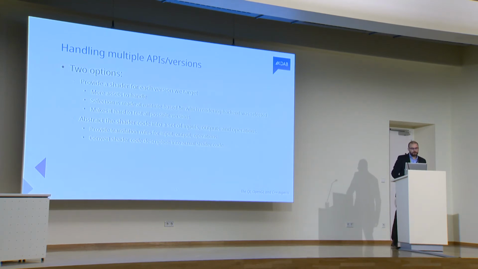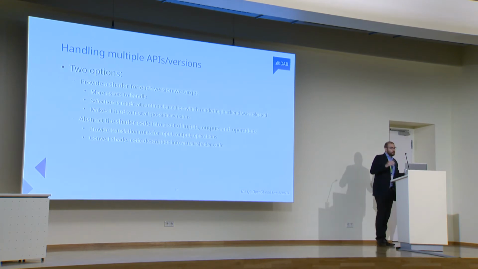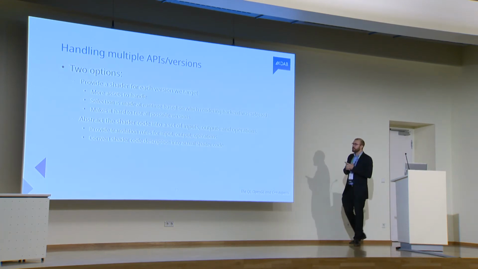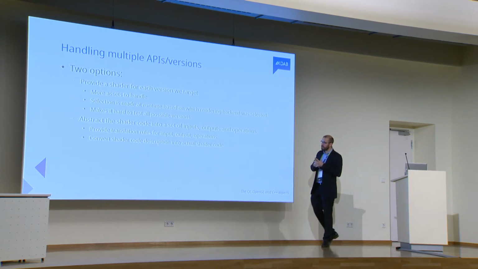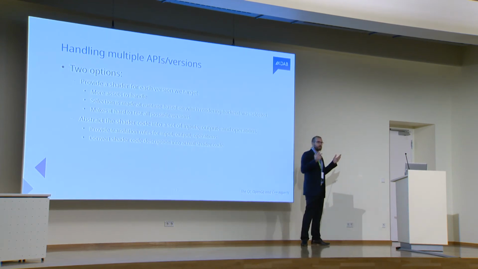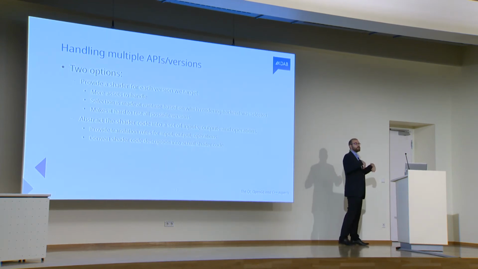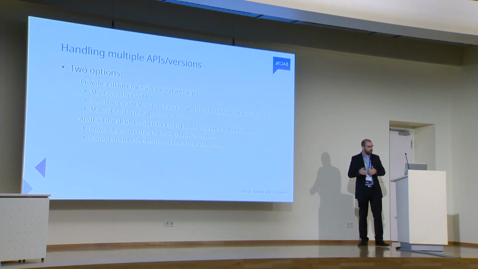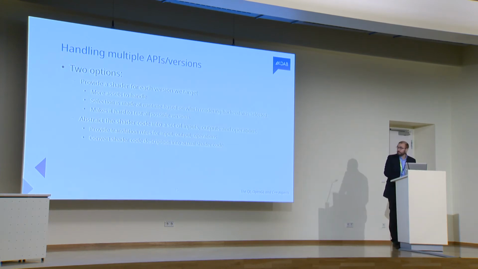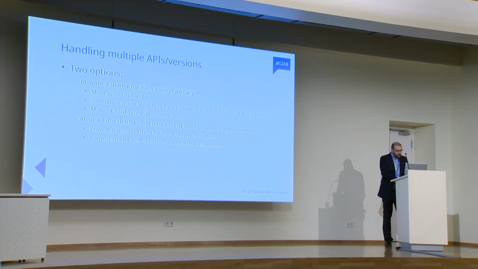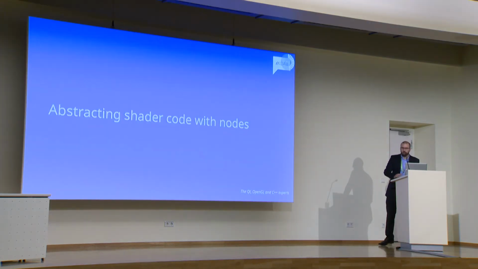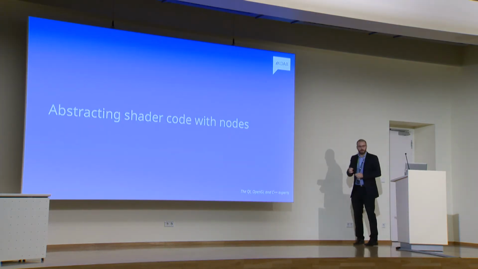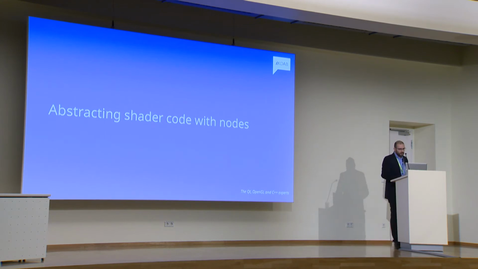That might not be the best way of doing things. The other approach is that instead of writing shader code directly, you go with an abstraction. You abstract your shader code and you try to generate it at runtime based on what you know the hardware is capable of. And that's the approach we went for with the node editor, where we actually get to the point of what this talk really is about.